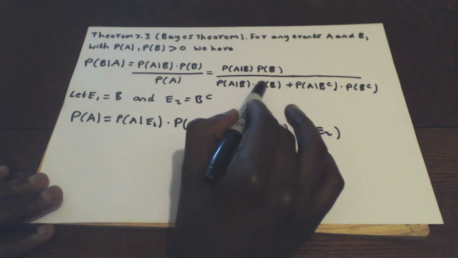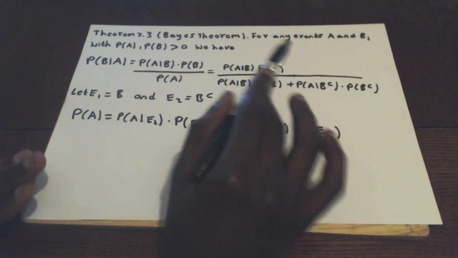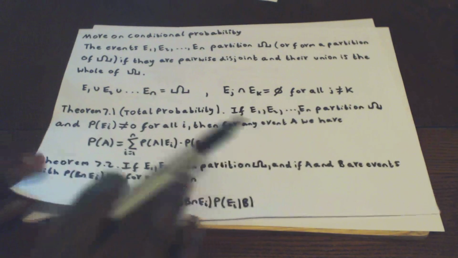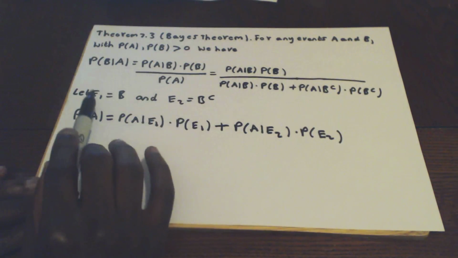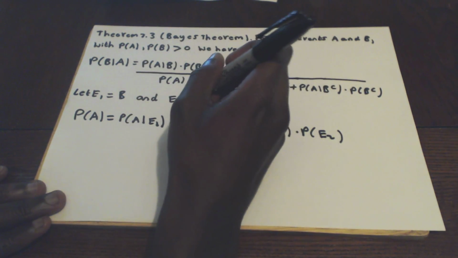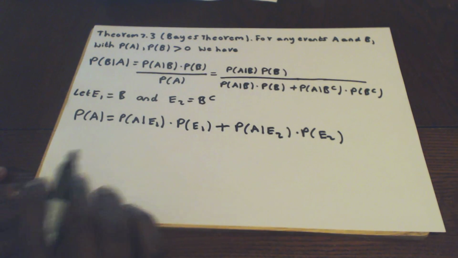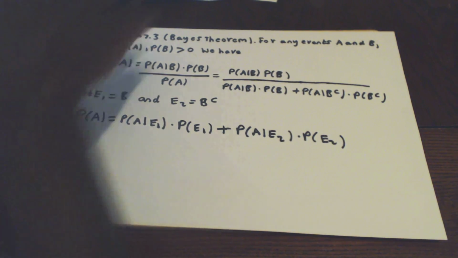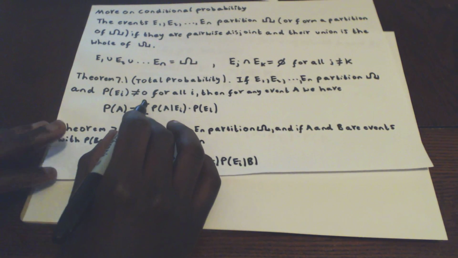And just as a quick note, if you wanted to know how they got this, well, the numerators are the same, so that's no different. But the probability of A, well, by 7.1, we can apply that. So if I set E1 to B and E2 to B complement, then this is going to go from i equals 1 to 2, because obviously n is 2.